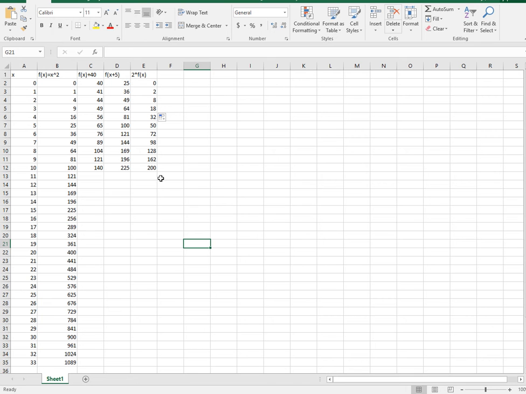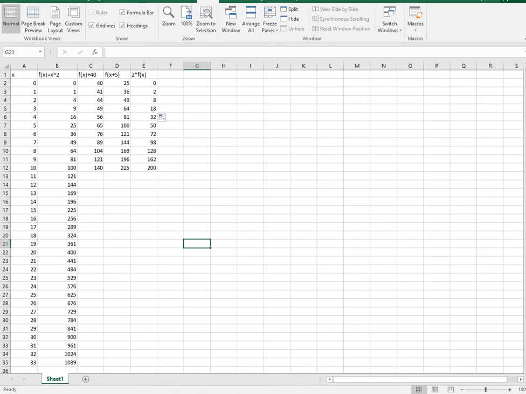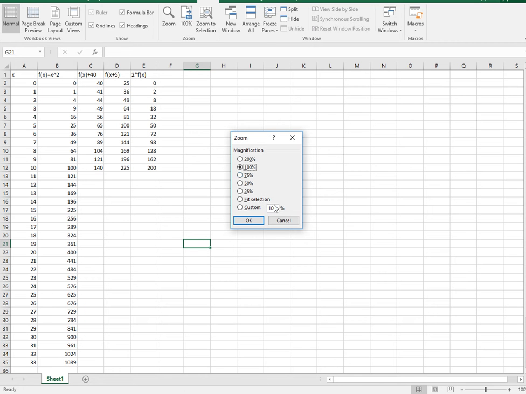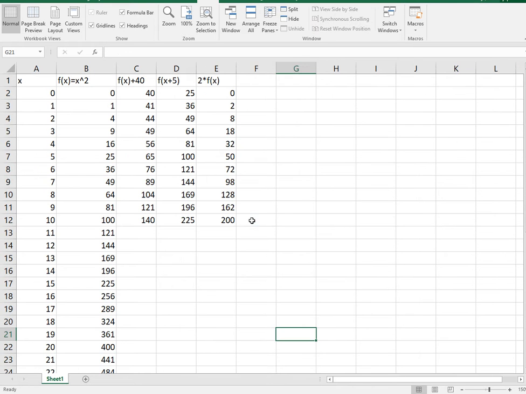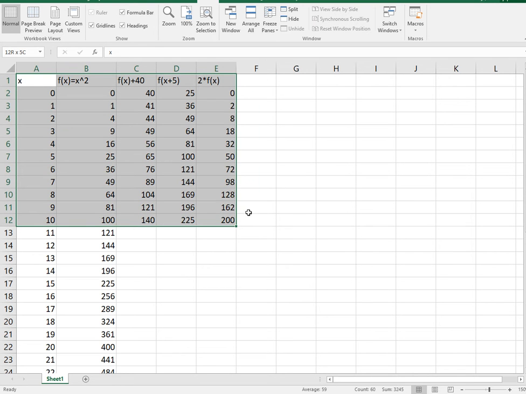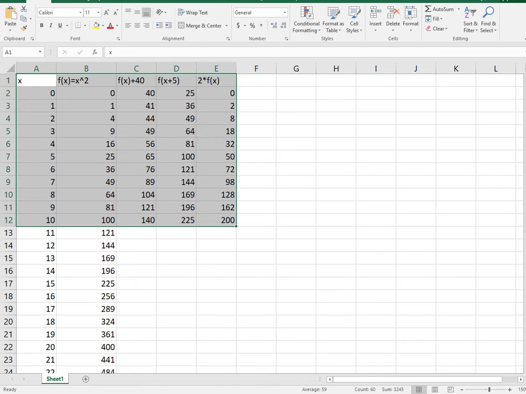Let me make this a little bigger. There, how's that? Okay, so let's do a couple things. Let's just start off by looking at this part right here. Okay, so just making a little table.